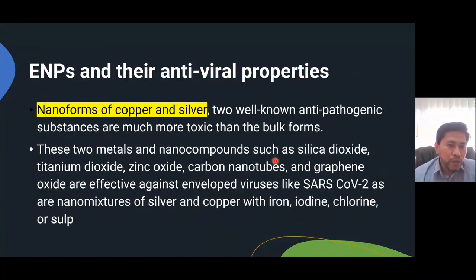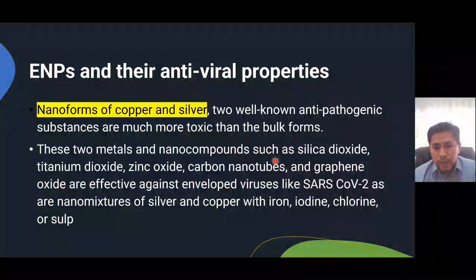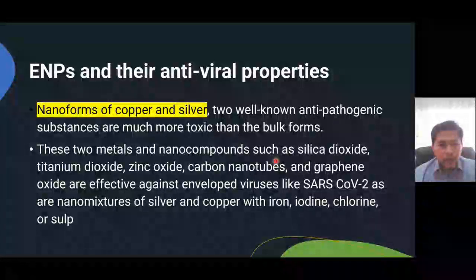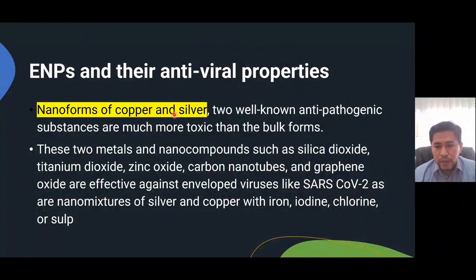So we have a nanoform of copper and silver, two well-known anti-pathogenic substances that are much more toxic than the bulk form. The ENPs often have properties that differ from the corresponding bulk material.